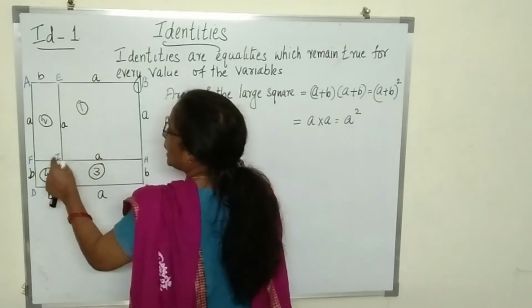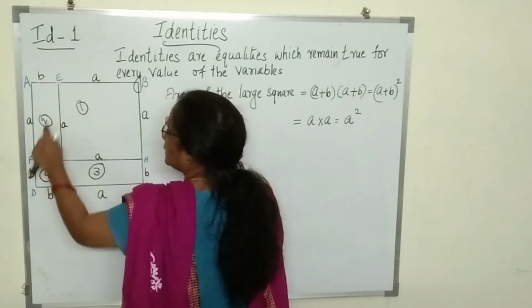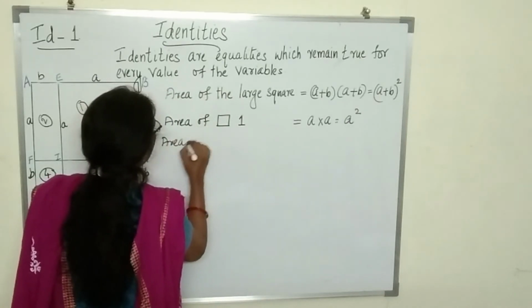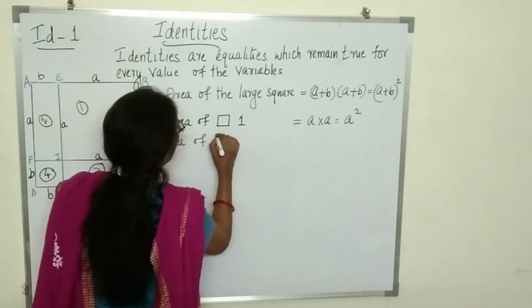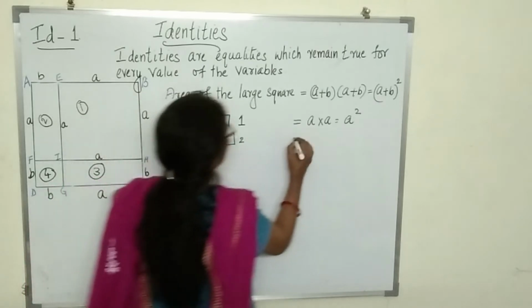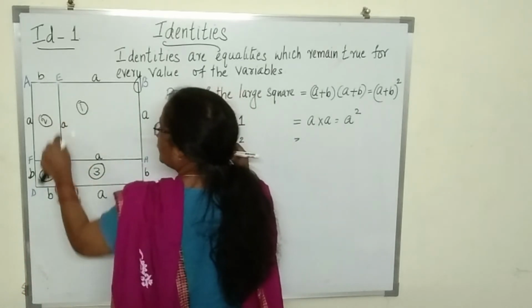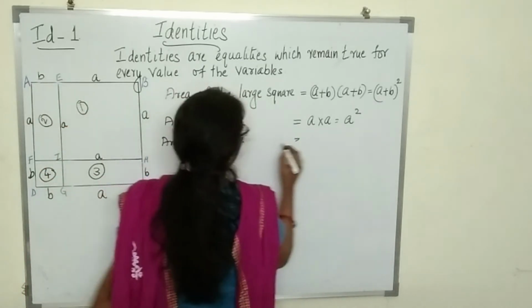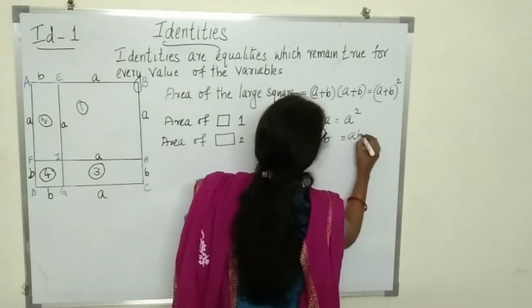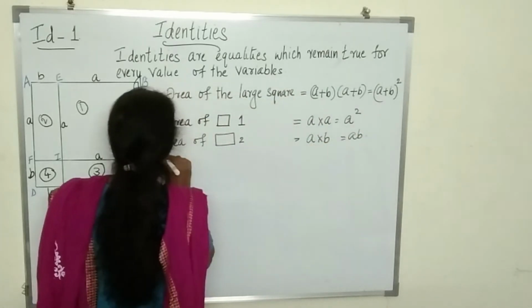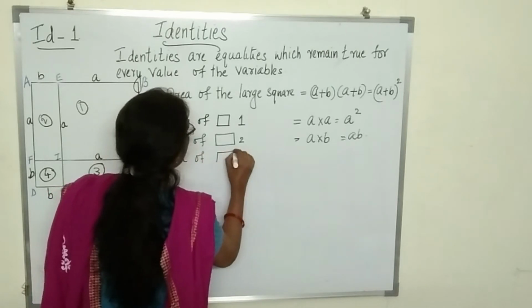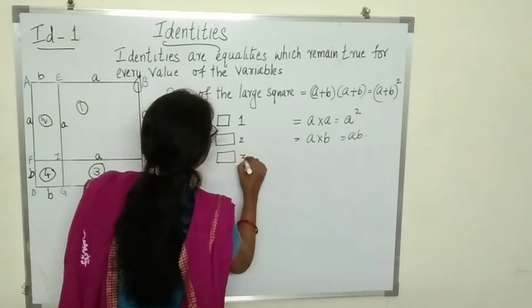Now what is the area of this part? That is a rectangle. Area of rectangle 2. Its length is A and breadth is B. So A into B, that is AB. Now the area of rectangle 3.